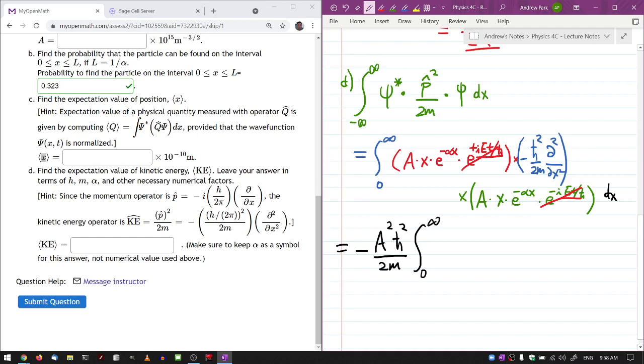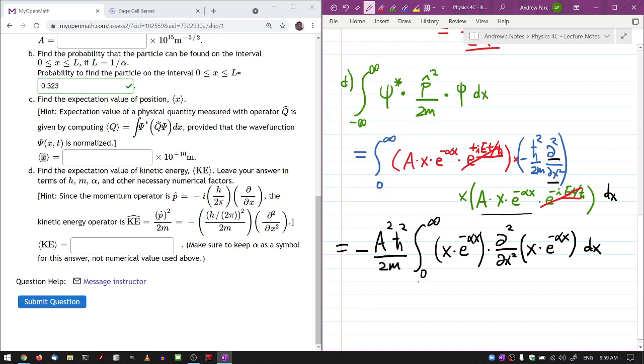From 0 to infinity, I have x times e to the minus alpha x. And note how this time I'm not just freely moving this function around, because I have this differentiation operator, so I have to be careful about the order. So I have this second order derivative with respect to x of x times e to the minus alpha x. All right.